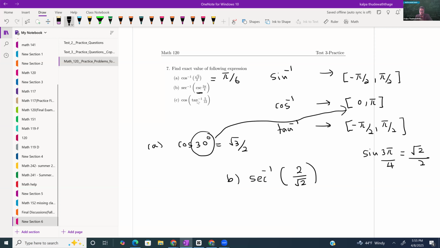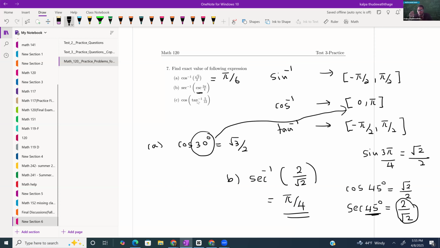Then you can find, sine 45 is what? Sine 45 is root 2 over 2. So secant 45 is 2 over root 2. That means secant inverse of this is 45. That's how you get it.